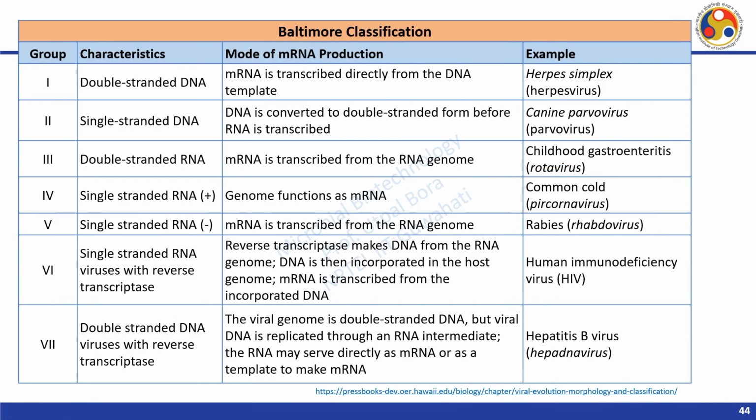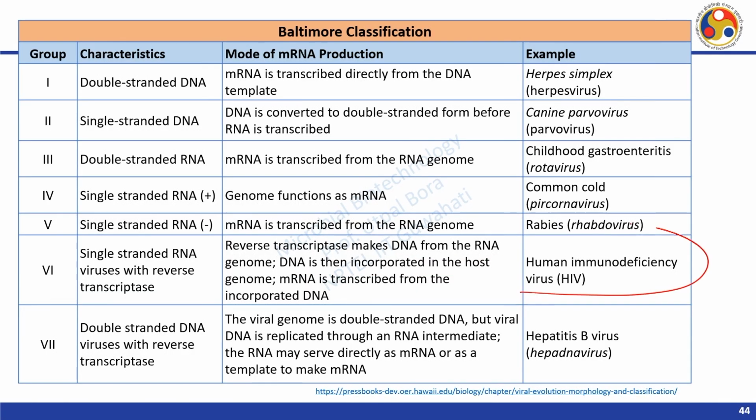Then in the case of single stranded negative RNA, mRNA is transcribed from the RNA genome, such as in the case of rabies. Then in the 6th group, reverse transcriptase makes DNA from the RNA. DNA is then incorporated in the host genome. mRNA is transcribed from the incorporated DNA.